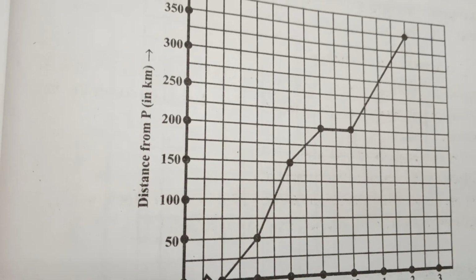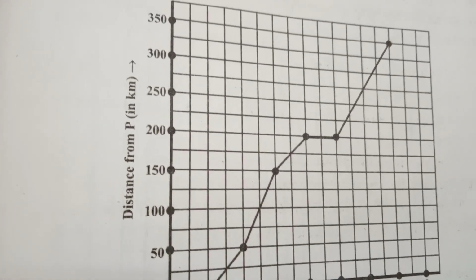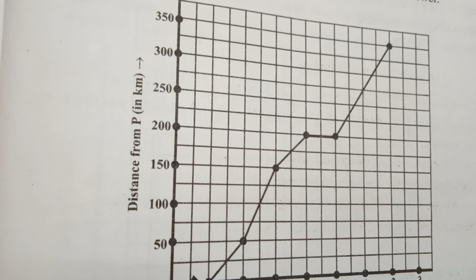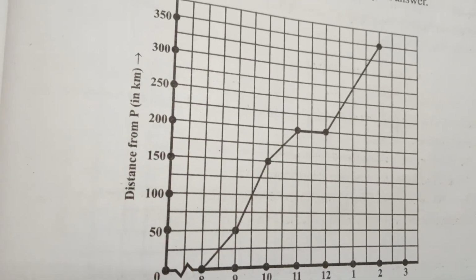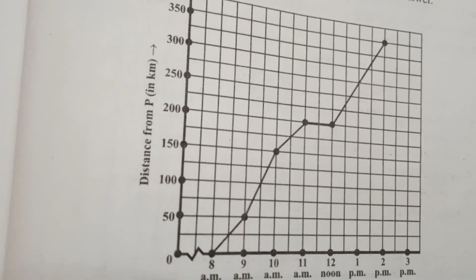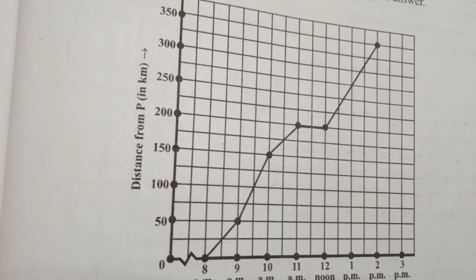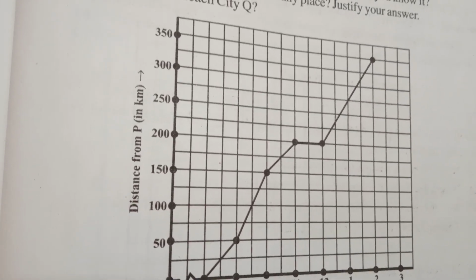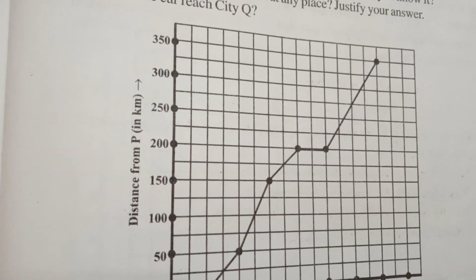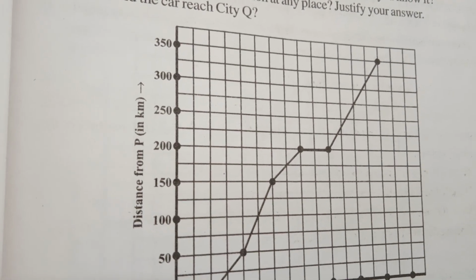By 9 a.m. they reached 50 kilometers. By 10 a.m. they covered 150. By 11 a.m. they covered 200. By 12 p.m. they stayed at the same distance. And by 1 p.m. they covered some distance. By 2 p.m. you see that they covered 350 kilometers.